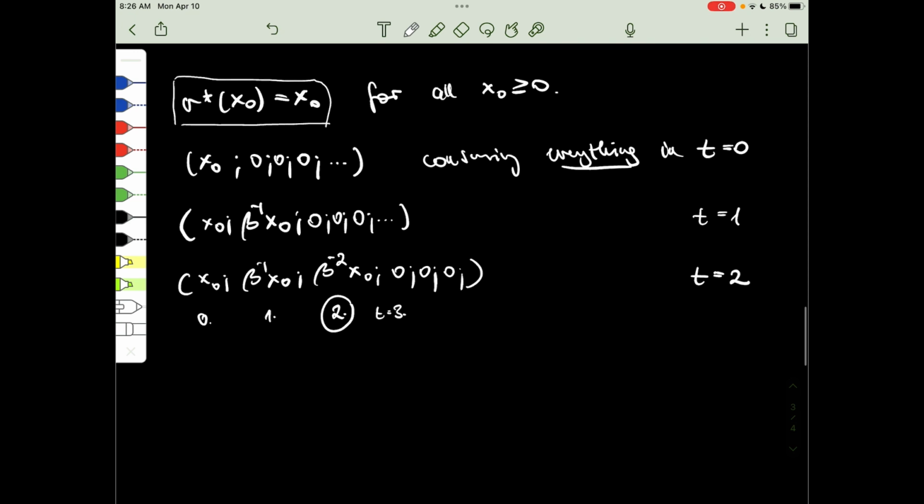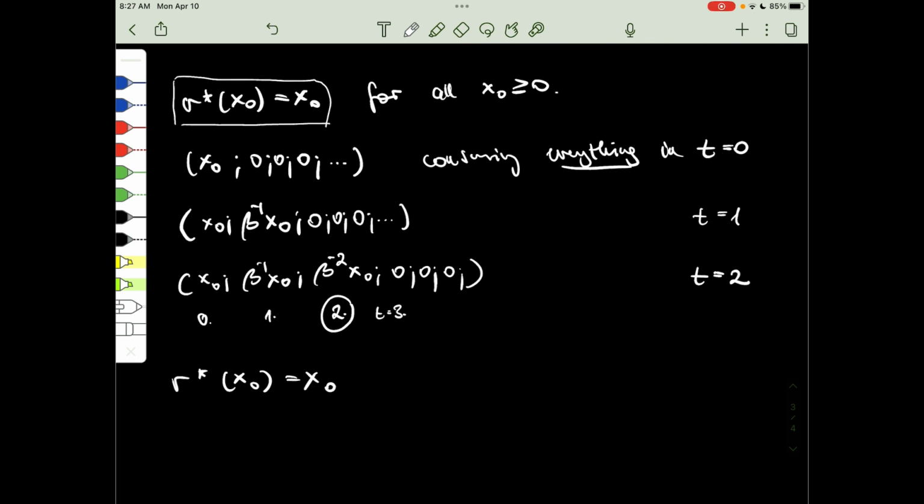All these plans, all these programs satisfy the functional equation, and all these plans, all these programs give x0 satisfaction for the consumer, because we have this supremum function.